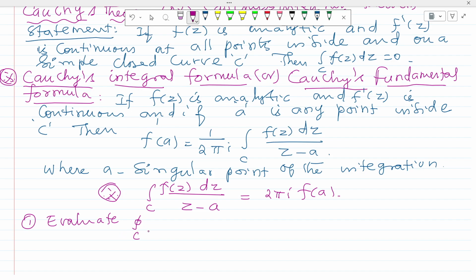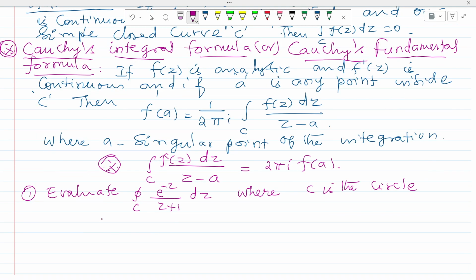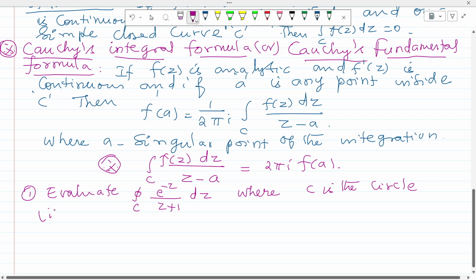Integral over the closed curve C of e power minus z by z plus 1 dz, where C is the circle, first mod z equal to 2, second one mod z equal to 1 by 2.